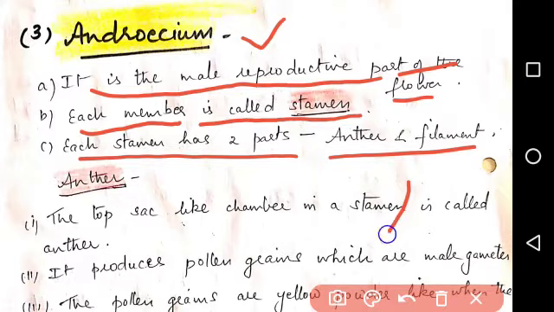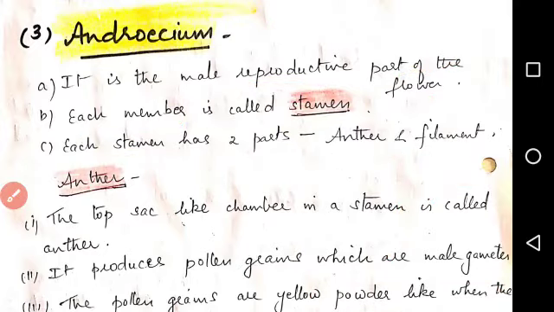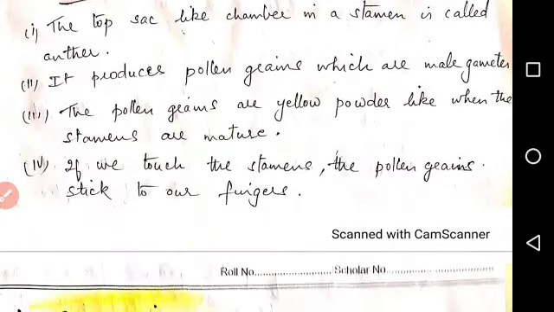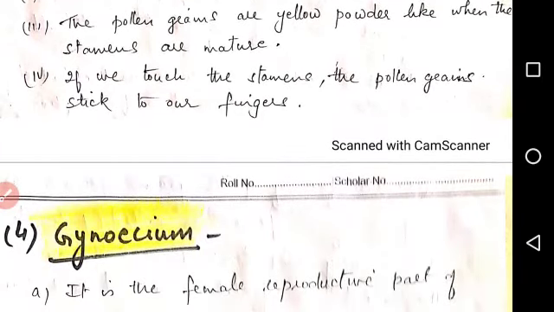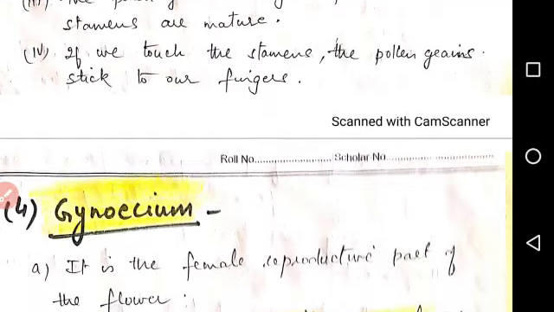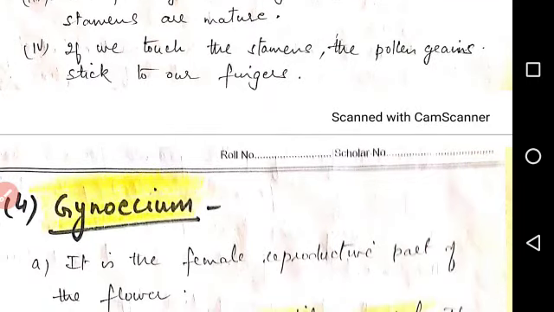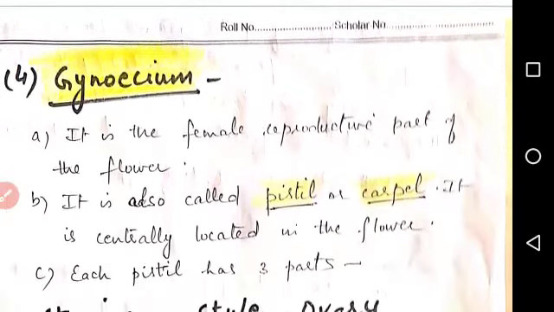The top sac-like chamber in a stamen is called the anther. It produces pollen grains, which are male gametes. The pollen grains are yellow and powder-like when the stamens are mature. If we touch the stamens, the pollen grains stick to our fingers. Now these pollen grains are the male gametes.